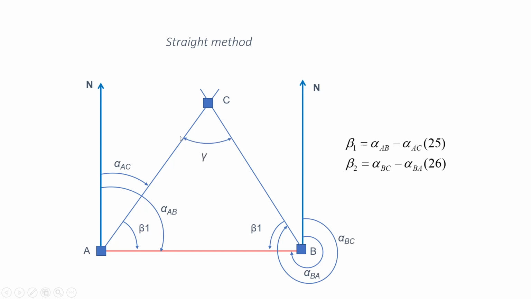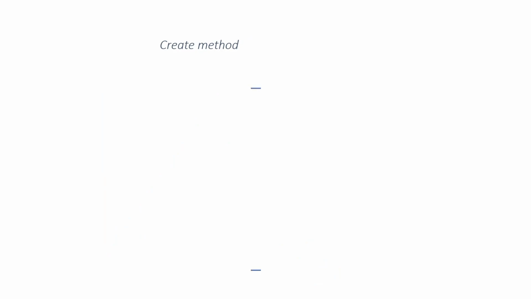We can check the accuracy of our work by measuring the angle y from point C, and the sum of all these angles, beta 1, beta 2, y, and gamma, the Greek letter gamma, should be 180 degrees.